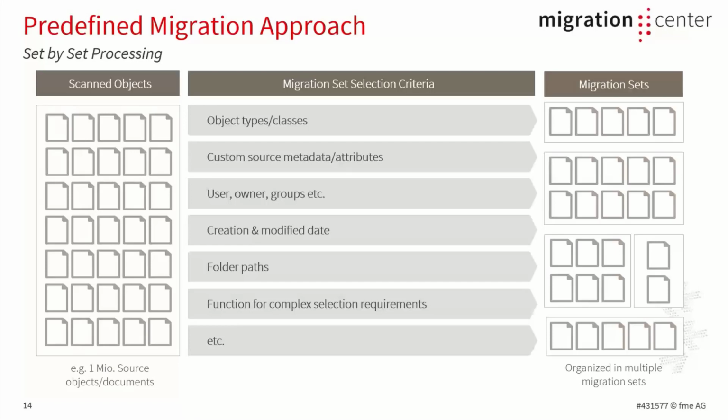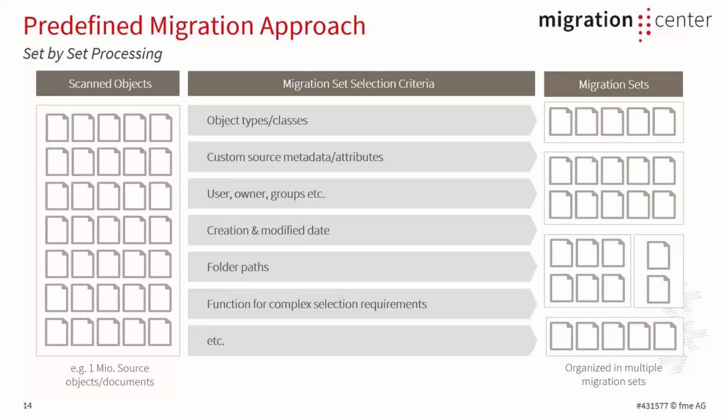Then we have what I call set by set, and the next slide is step by step. What we mean with set by set processing is really that, compared to other basic ETL tools, extract, transform, and load, in Migration Center you can organize and configure the whole migration as you need it.